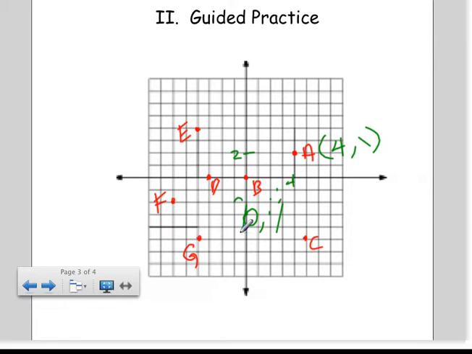C, which is a little further out, is at 1, 2, 3, 4, 5 on my x-axis, and at 1, 2, 3, 4, -4 on my y-axis. So the point for C would have been 5, comma, negative 4. That x value coming first.